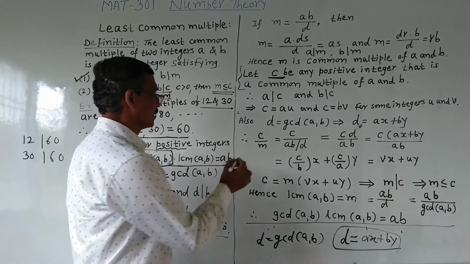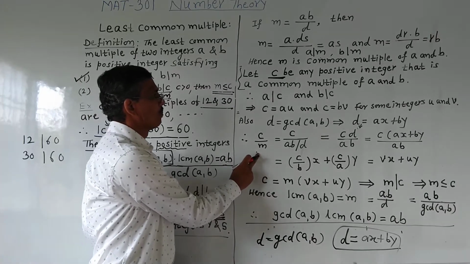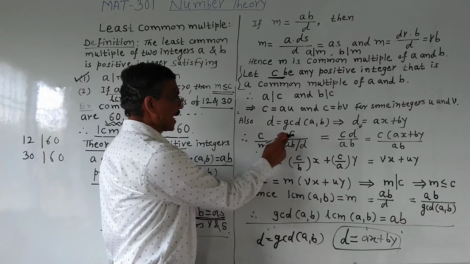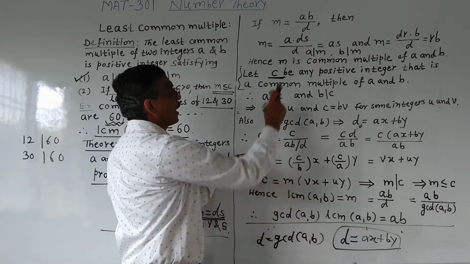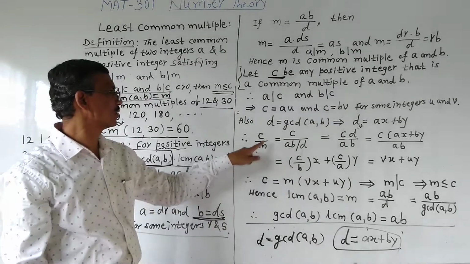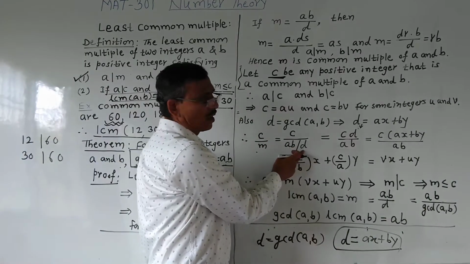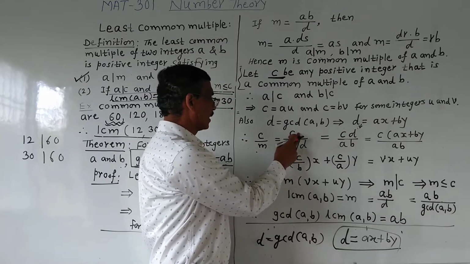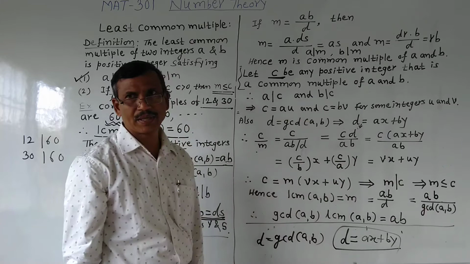And now consider c upon m. Consider the value c upon m, which is c as it is, but m is ab upon d. M is equal to ab upon d. Here the denominator goes to the numerator, and therefore this expression will become cd upon ab.